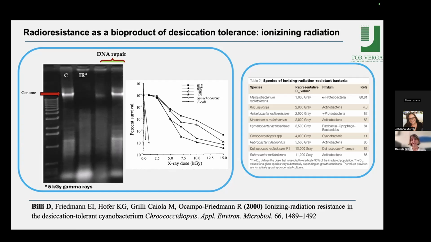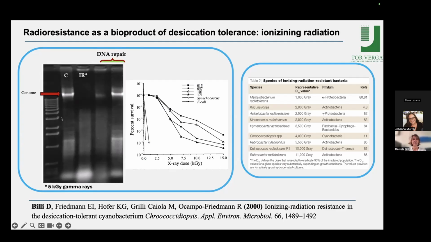Since the desiccation tolerant cyanobacteria are particularly resistant to desiccation and also keep the production of ROS very low, they are generally also very resistant to radiation.